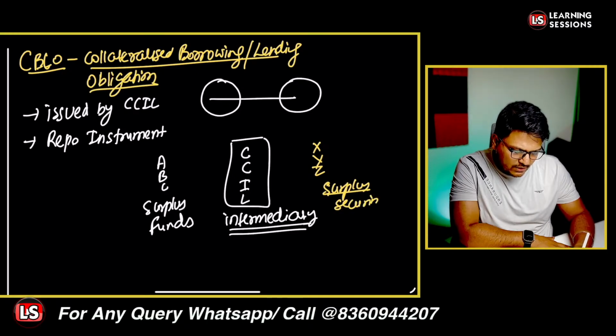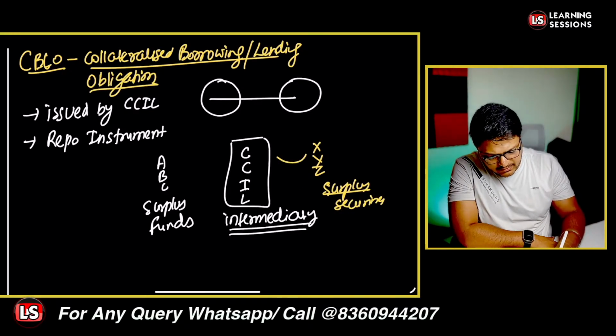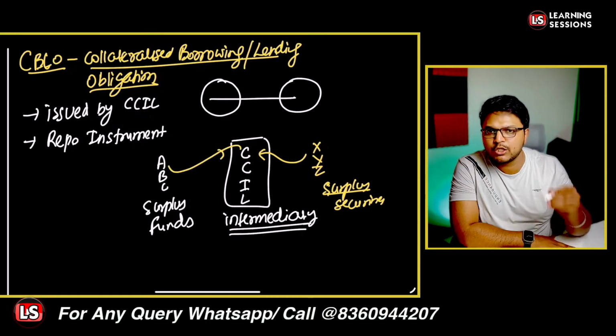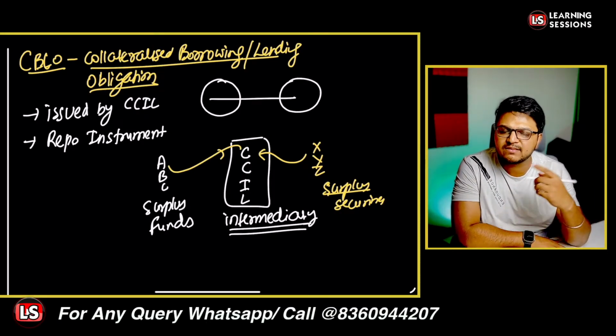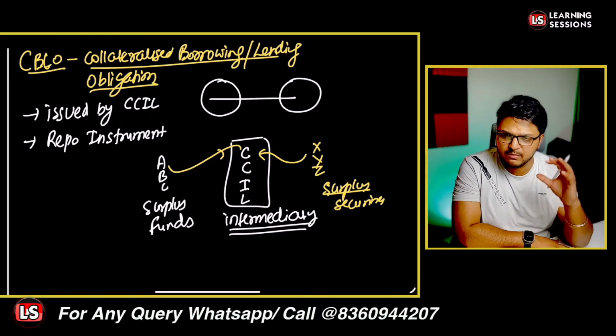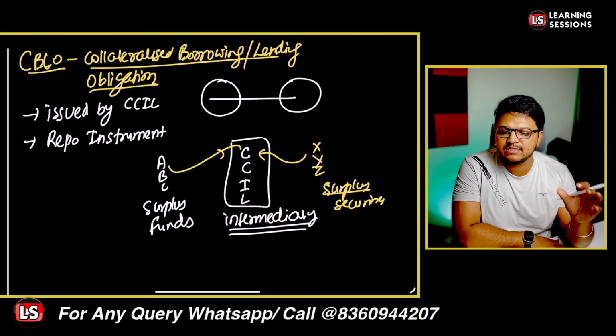They will be keeping their securities with the CCIL, and the CCIL will be meeting the demands. No one will be knowing who has purchased the securities or who has sold the securities over there, only demand and supply will be fulfilled. So that is actually the CBLO.